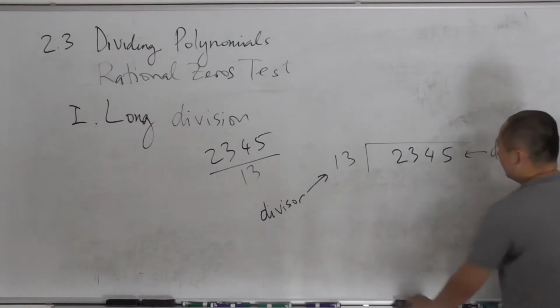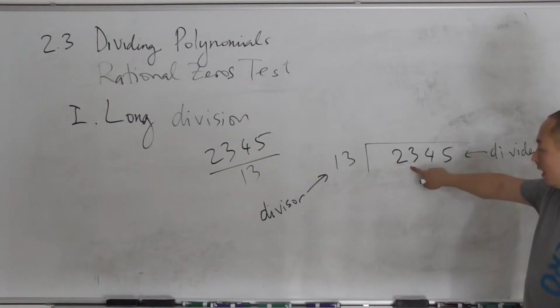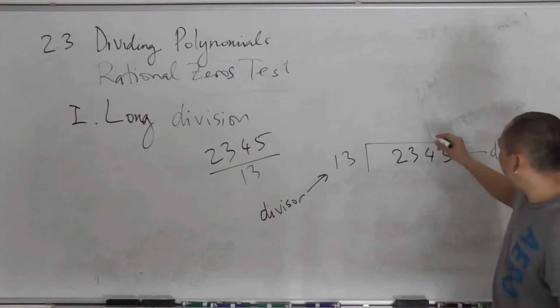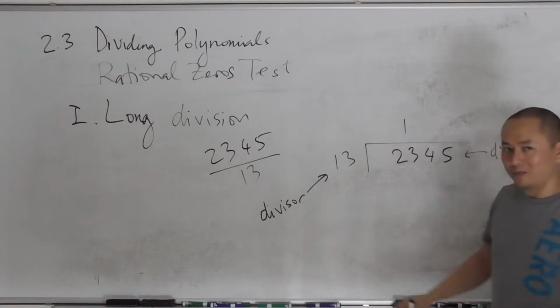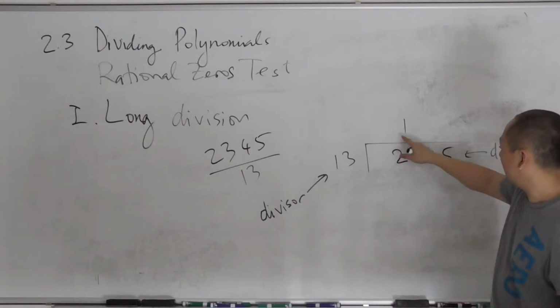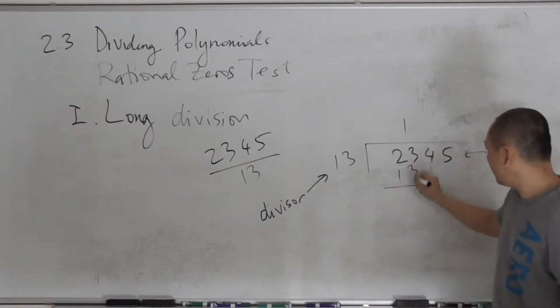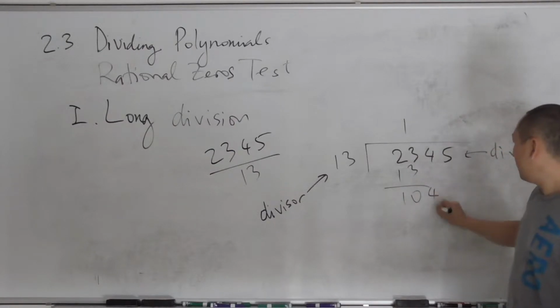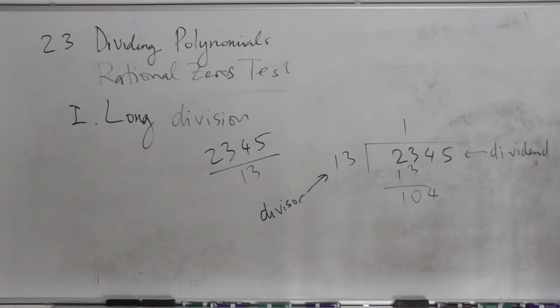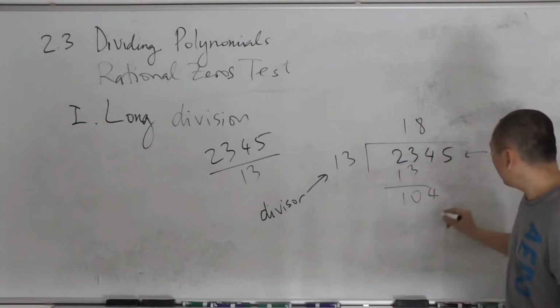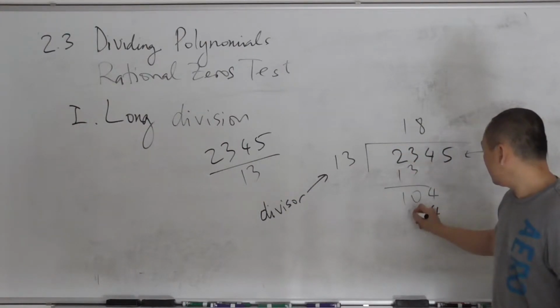Alright, so how do we do long division? We take 23 divided by 13. That is 1, and you multiply it back. Let's do it quickly, because I know you all know this one. 1 times 13 is 13. Do a subtraction. 23 minus 13 is 10. Bring the 4 down. 104 divided by 13 is 8. 8 times 13 is 104.